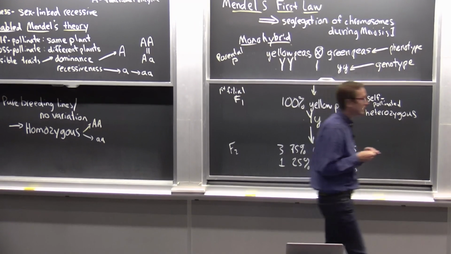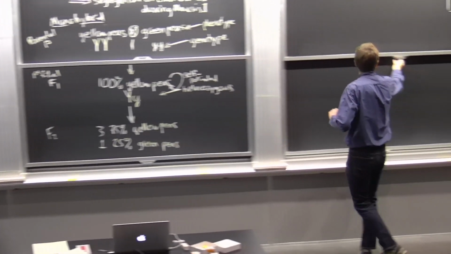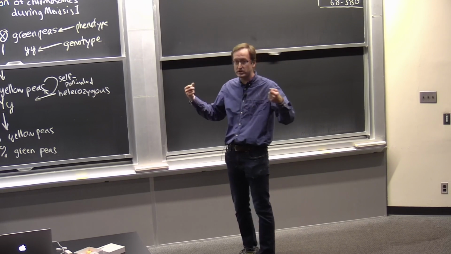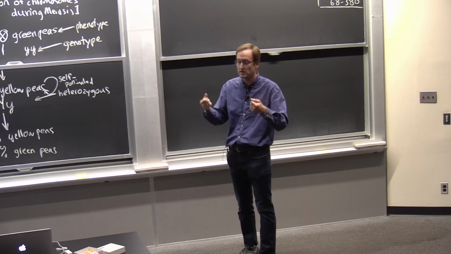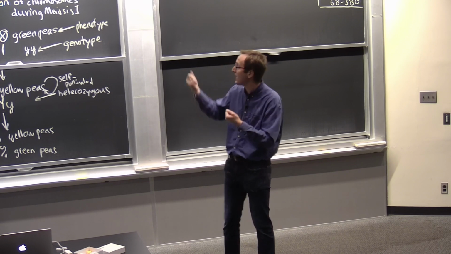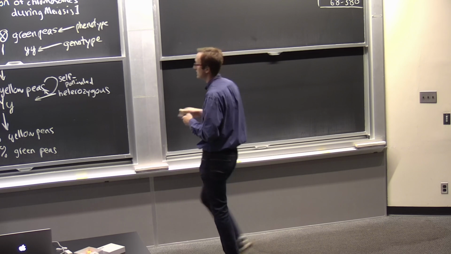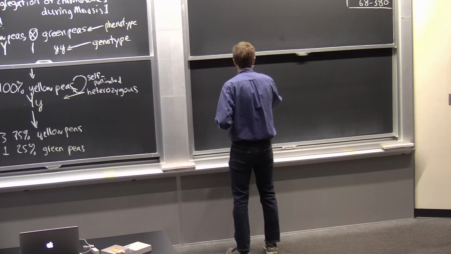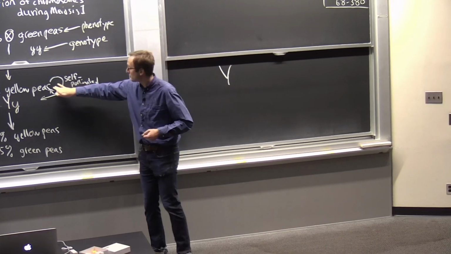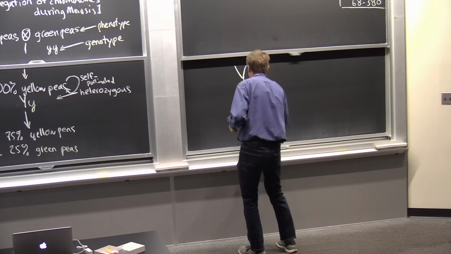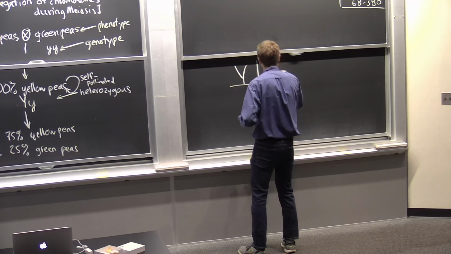Now, if we think about this in terms of Mendel's first law, where there's a segregation of these alleles during the formation of gametes, and there's an equal probability of having either one of these alleles, if we think about this cross here, these plants, both the male and female side, are producing gametes that are either big Y or little y.